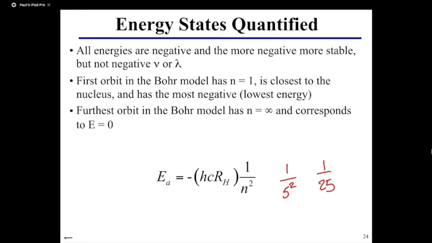So the further you go away, the less stabilization you have, or you can say it in another way, the electron has much, much more energy. If you actually put infinity down there, 1 over infinity squared is essentially 0, and you would have 0 energy. So you can get far enough away from the nucleus that you have no energy, and that means you're not attached to the atom anymore.